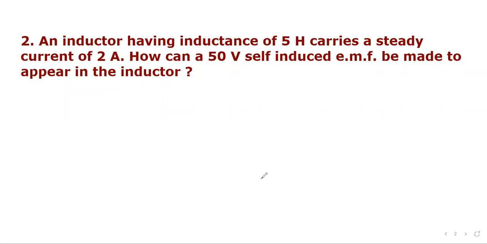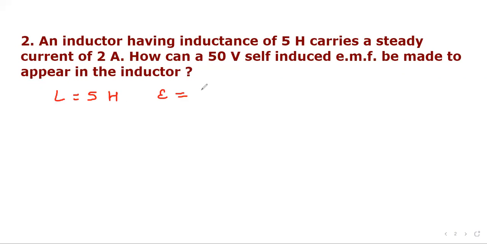An inductor having inductance of 5 Henry carries a steady current of 2 ampere. How can a 50 volt self-induced EMF be made to appear in the inductor? So it is only possible when current is changed. So let's write the formula. Here we are given L equal to 5 Henry.